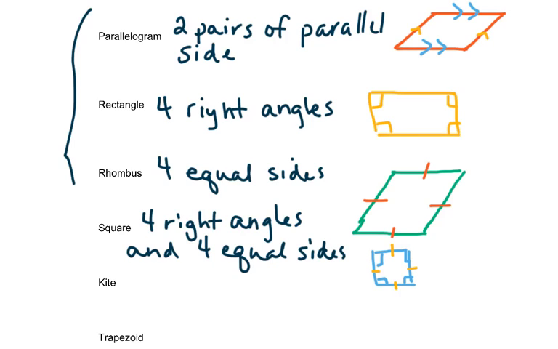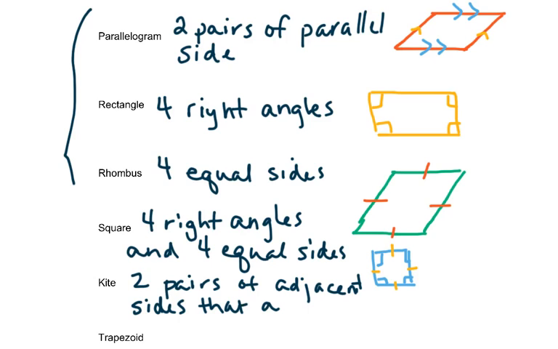A kite is a quadrilateral that has two adjacent sides that are equal and two others that are equal. So two pairs of adjacent sides that are equal. So when we draw this figure, we have a pair of adjacent sides that are the same length.